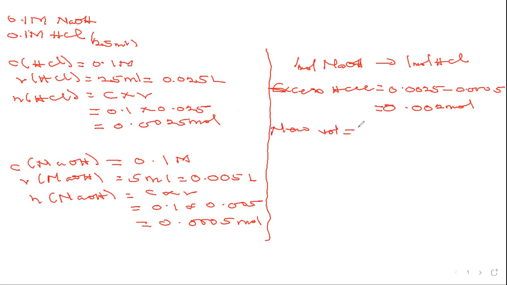And that is simply going to be 25 mL of what was already there, plus the 5 mL of what is coming in. That's going to give us 30 mL. And 30 mL in liters is the same as 0.03 liters.